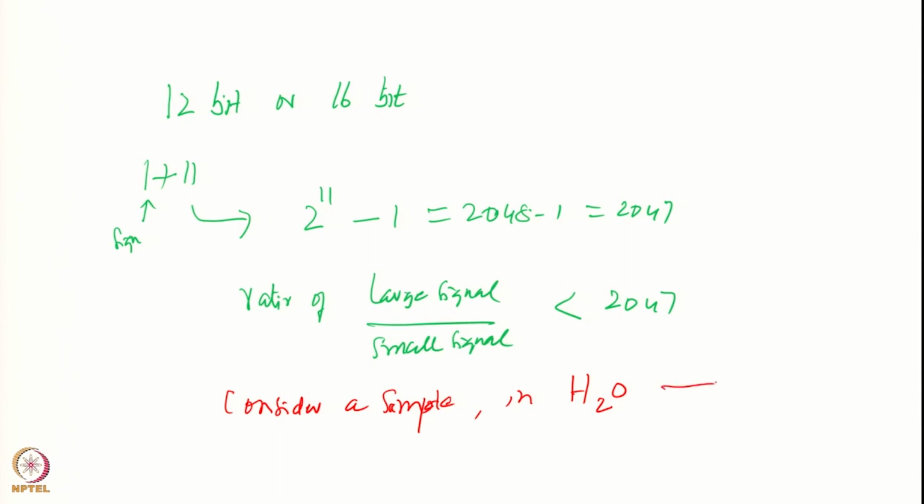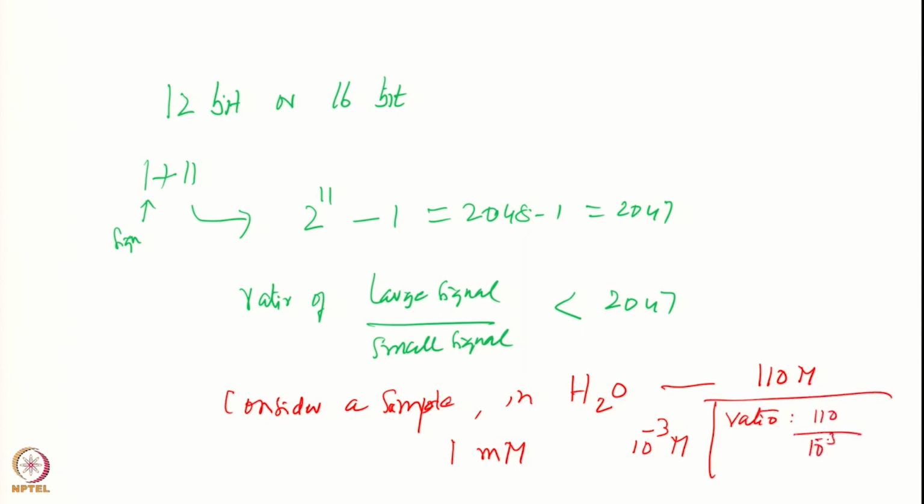So, this is approximately 110 molar. Water proton is 110 molar, and if we have a sample which is 1 millimolar, what is this concentration? This is 10 to the minus 3 molar. Okay. And therefore, what is the ratio? The ratio is equal to 110 divided by 10 to the minus 3, this is approximately 1.1 into 10 to the power 5.